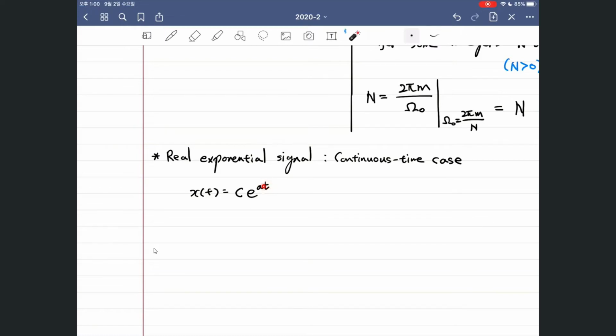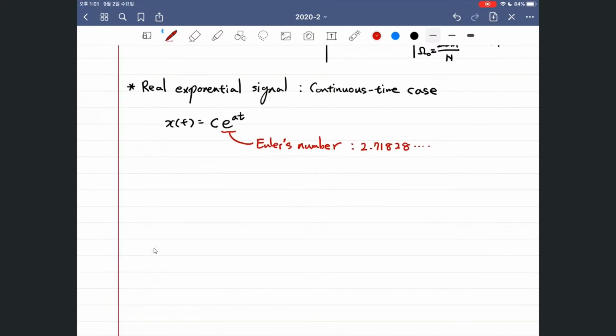Obviously, t is the variable related to time, and c and a are real numbers, and e, as you all know, is Euler's number. The value goes like 2.71828, and so on.